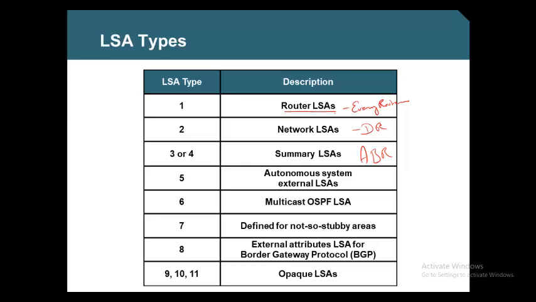Okay, type 3 and 4 are called summary LSA. Only one reason: it's coming from the summarization point. This advertisement takes birth from the ABR. Okay, now let us see the difference.